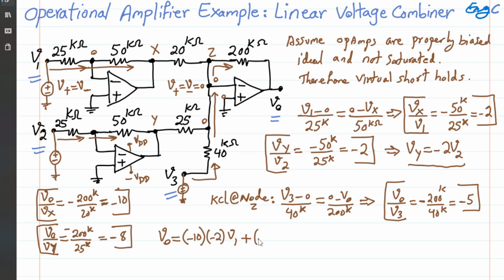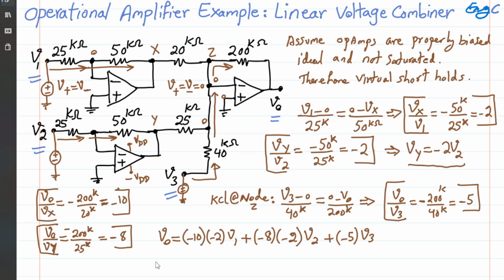So we have negative 8 times -2 times V2. And finally, from V3 to V out, we just computed that V out is -5 times V3.